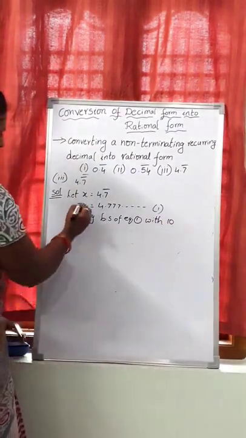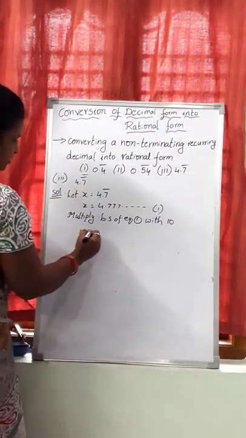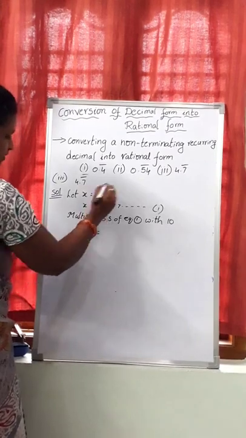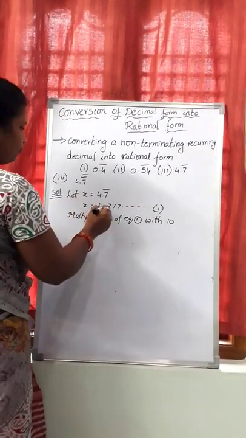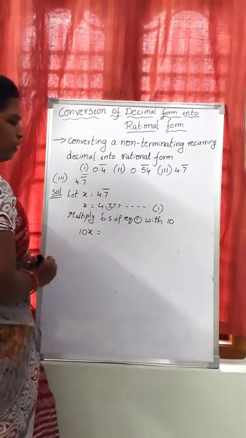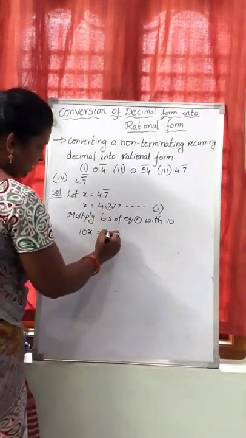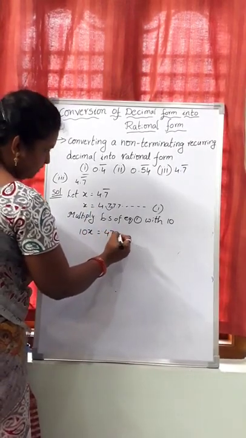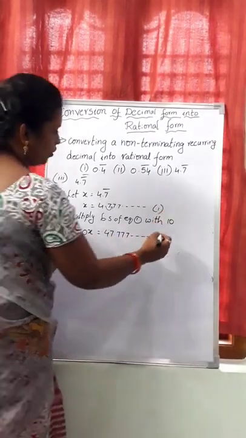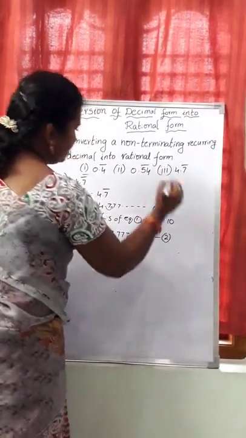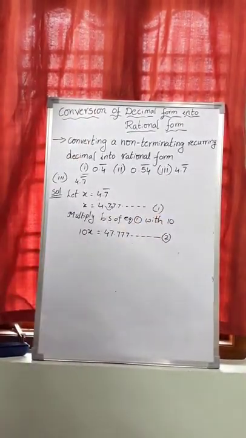Now multiply here 10 into x is equal to 10x, and when we are multiplying any decimal number with 10, it will move forward to the right side one place. That means we can write it as 47.777 and so on. Let us take it is the second equation.